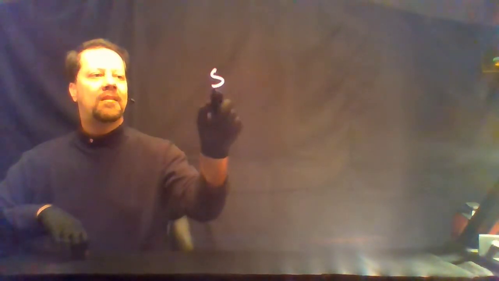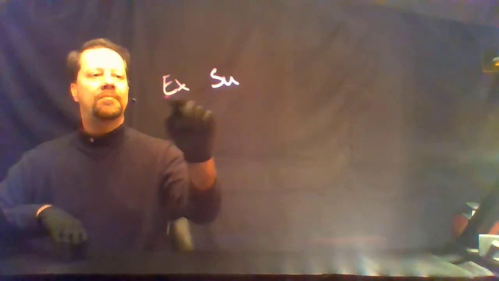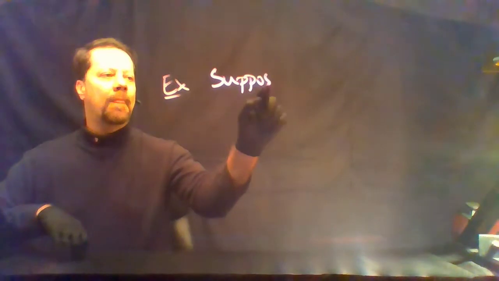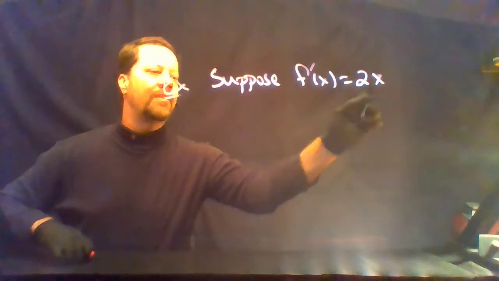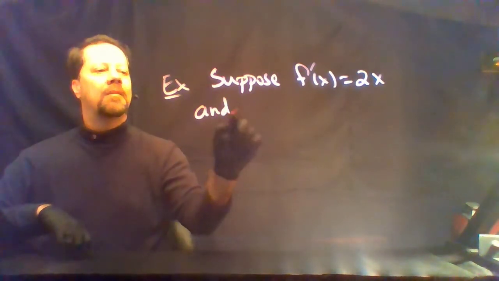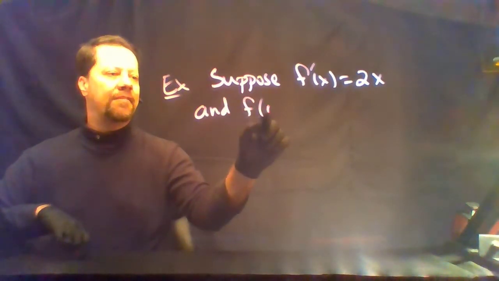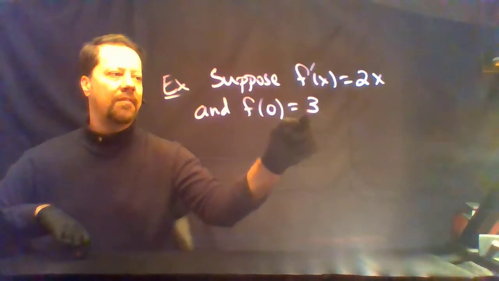Many physical laws are expressed in terms of how things change, i.e., the derivatives of various physical quantities. In our next example, suppose f prime of x is 2x and f of 0 is 3.